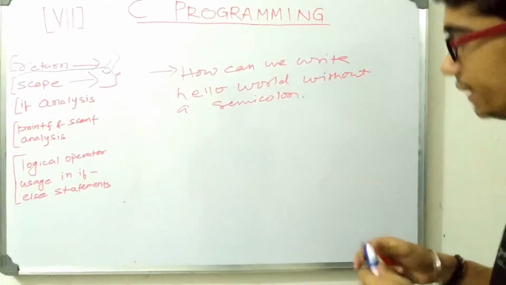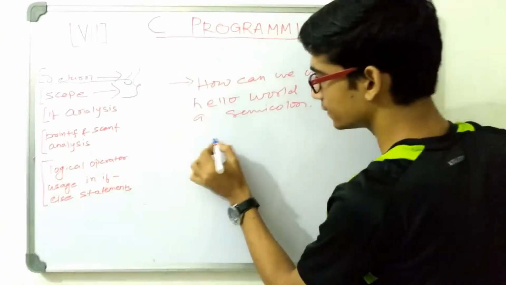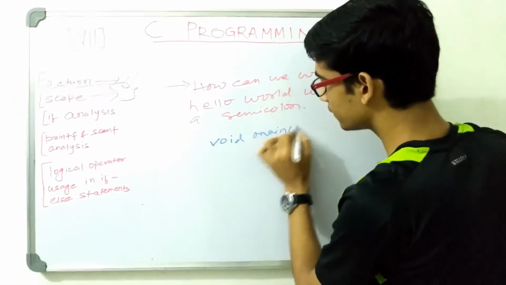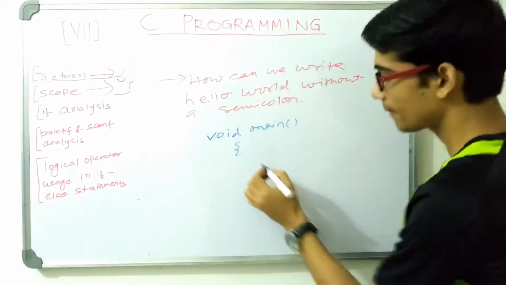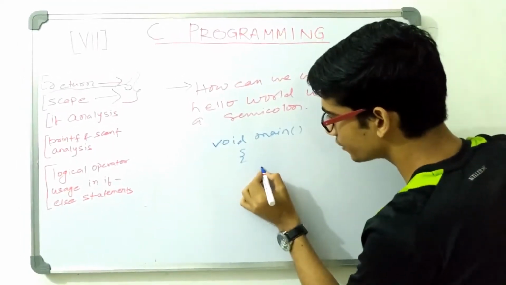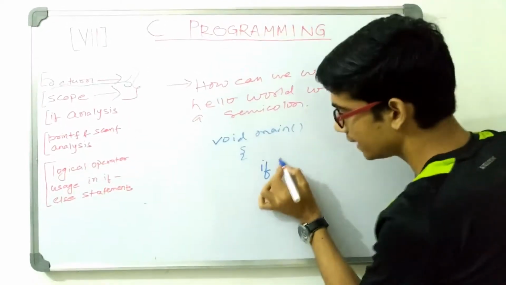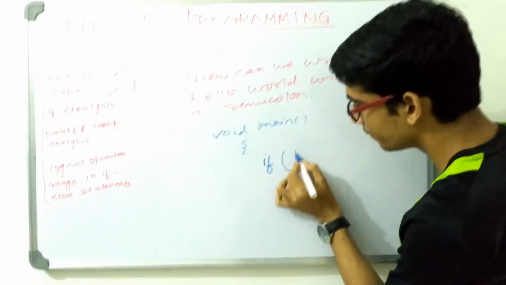Yes, we can. See, we can write it like this. We'll use the main function. So what I'm doing, I'm using the syntax structure of if. I will write if. Okay, focus here, and then I will write printf.